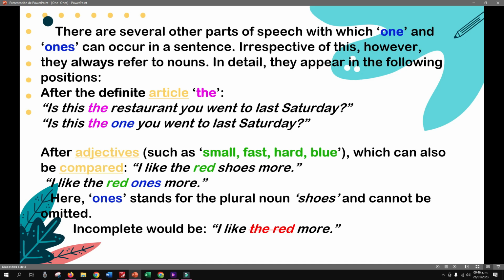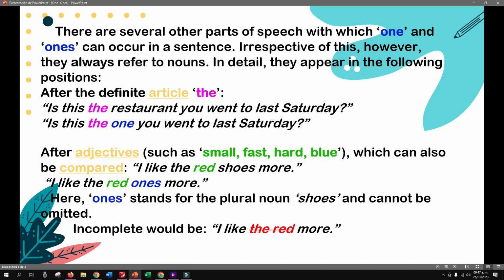The shoes. So I like the red shoes more. You can replace the word shoes with ones. So you can say I like the red ones more. So you're using ones after what? After an adjective. So red ones more, and that's correct.